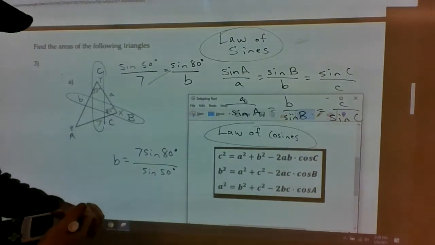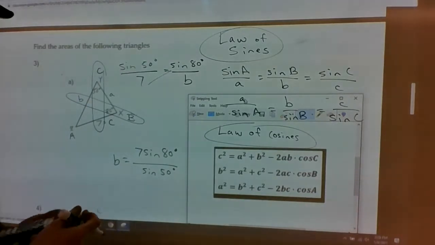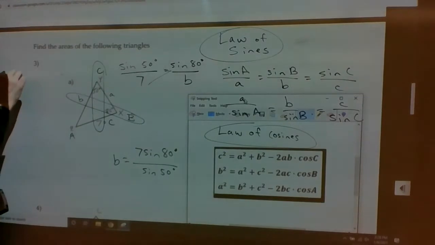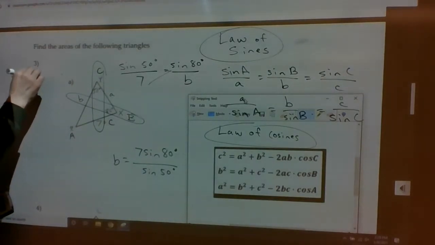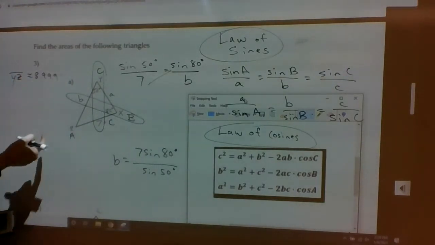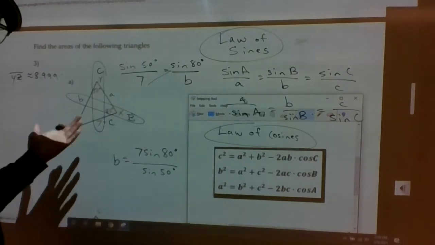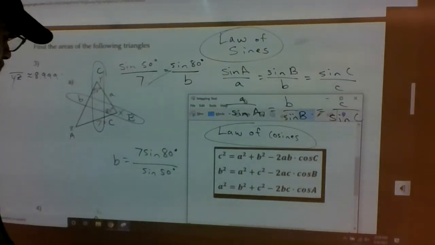All right, so it's 8.999. So you can ask yourself the question, do you have YZ as equaling approximately 8.999? Because that's the answer. And that was a pretty simple way to do it. You didn't have to drop an altitude or anything.